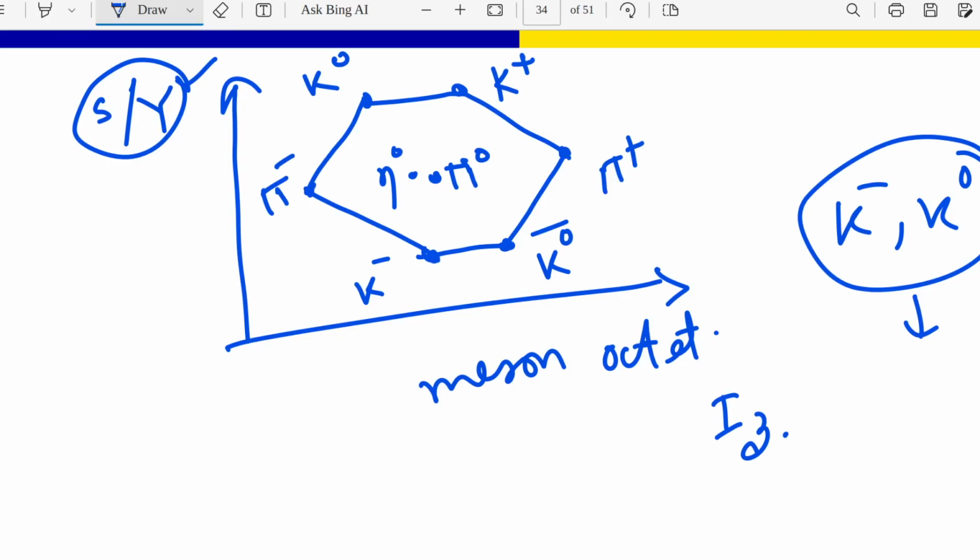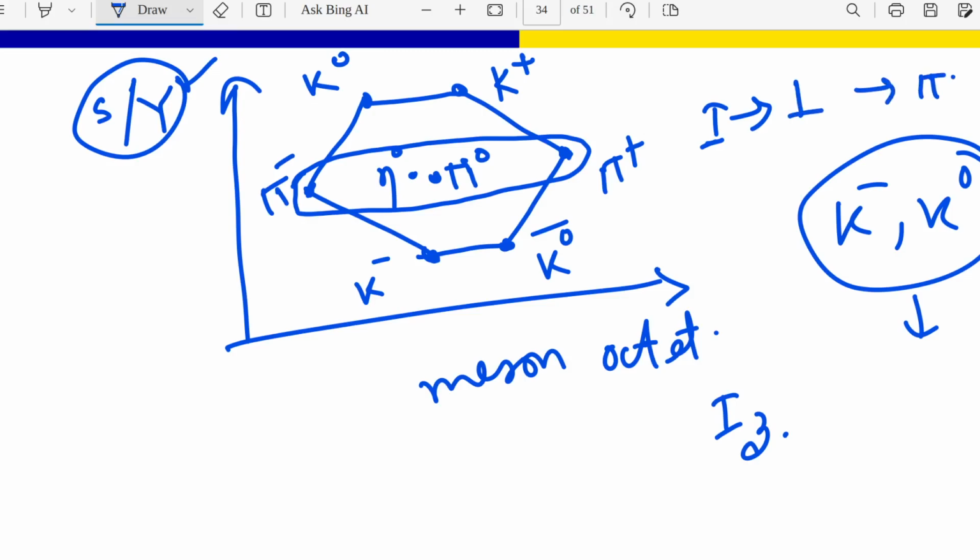So I3. I told you that these 3 can make an isospin triplet, right? If it is an isospin triplet, then what will be the value of I for the isospin triplet? That will be 1, I mean for pi.